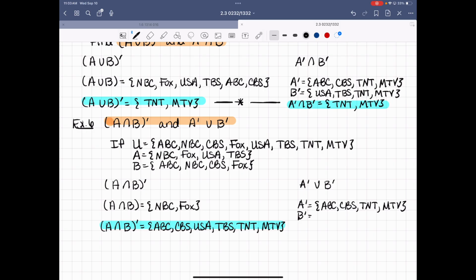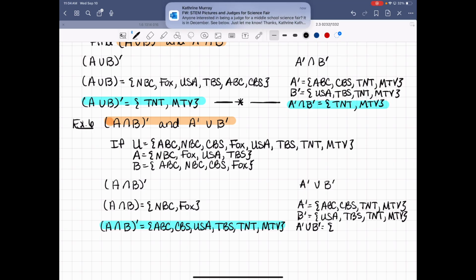B complement was what? USA, TBS, and MTV. Good. Okay, now let's find the union of those. Whereas last time we did the intersection, this one should be the union. So I just write everybody down from those two, correct? Yep.